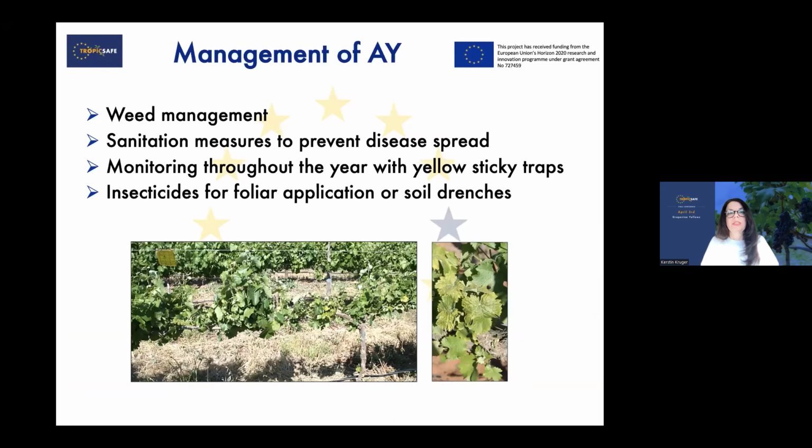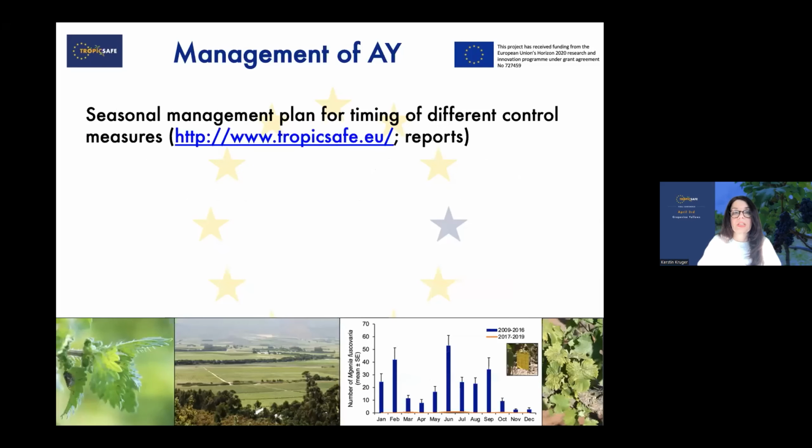So insecticides for foliar applications have been registered and also for soil drenches, and we recommend that these are used based on Mgenia population levels in low-risk areas or on the presence of Mgenia fuscovaria in high-risk areas. And the management plan is available on the Tropicsafe website under reports and can be downloaded from there.